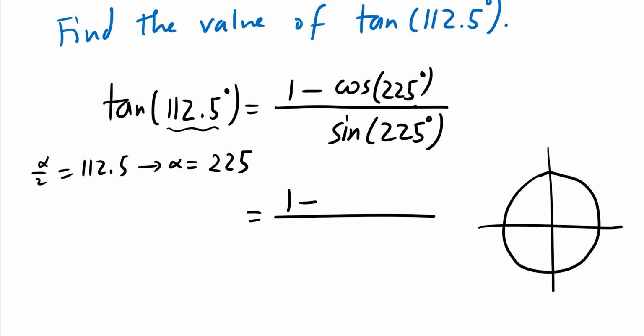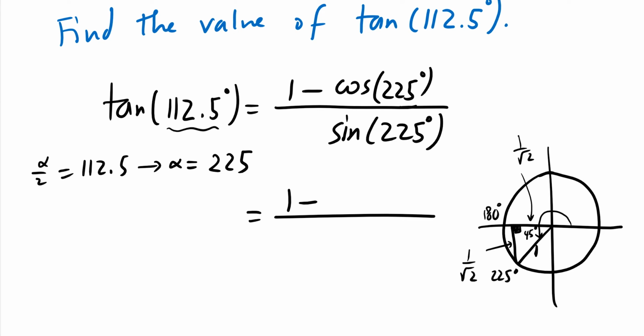Let's draw the unit circle. 225 is somewhere here. This means this is 180. 225 minus 180 is 45. Drop a height. If you remember, this is 1, this is 1 over root 2, and this is 1 over root 2.